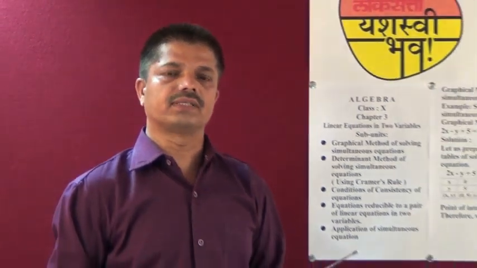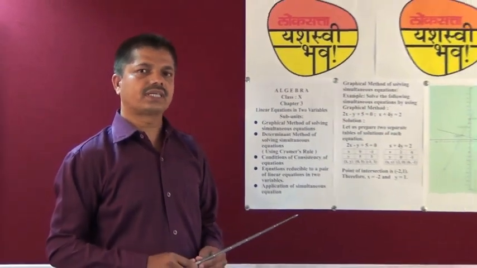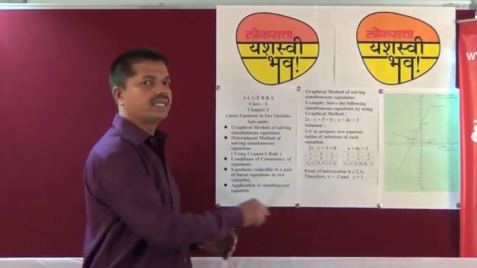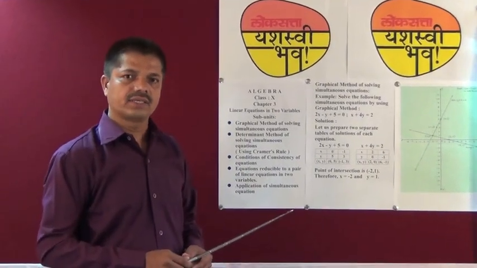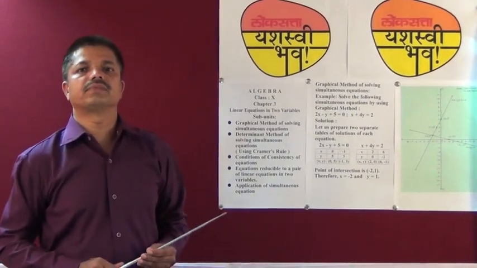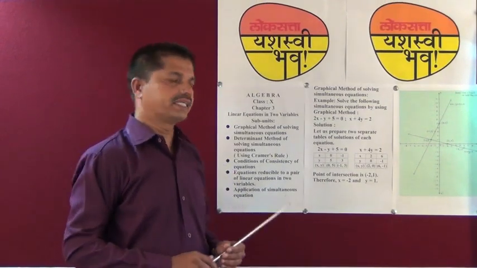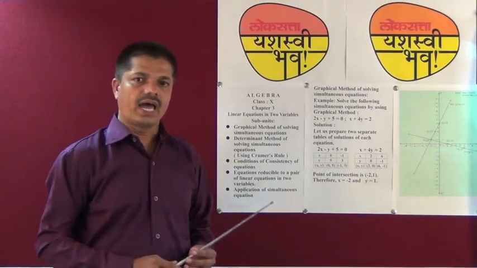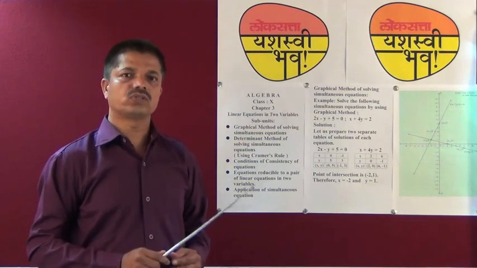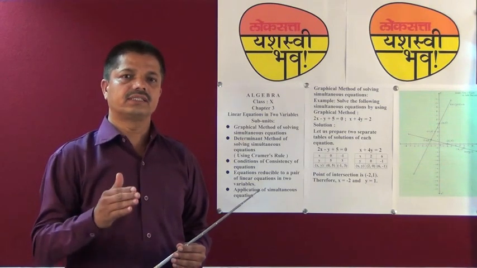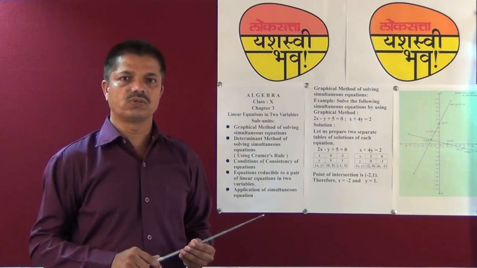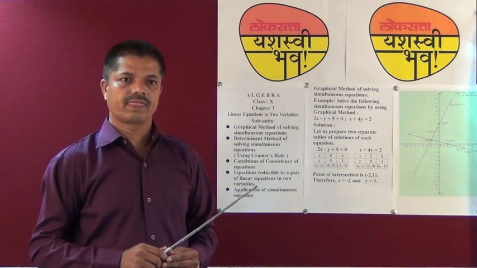While solving simultaneous equations by the graphical method, many students try to express y in terms of x, and in doing so many times they make a mistake. So I would advise you to keep the equation the same and select values of x such that the value of y which you are going to get is an integer.